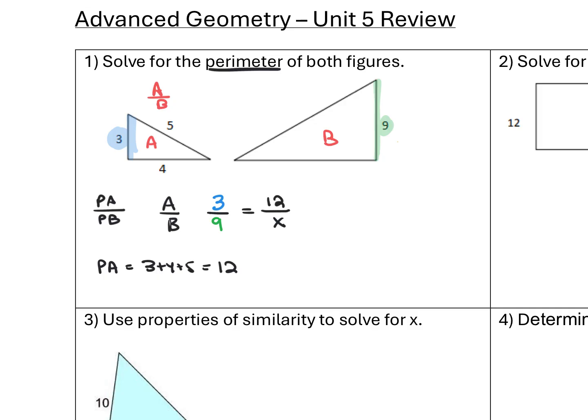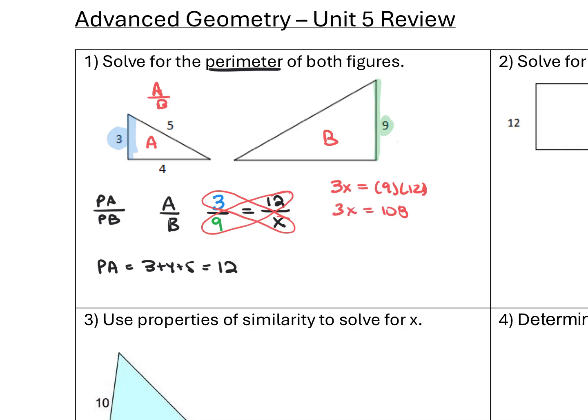Now remember, once we get to this, we are going to cross multiply. So I end up with 3x is equal to 9 times 12. Well, 9 times 12 is equal to 108 here. So this is 108, and 3 times x is 3x.